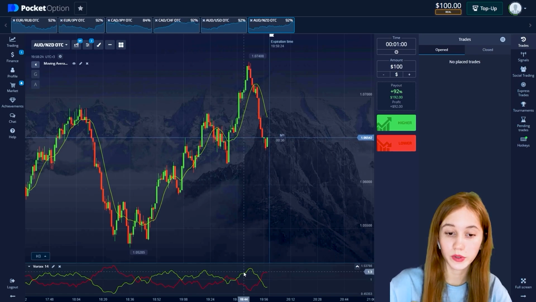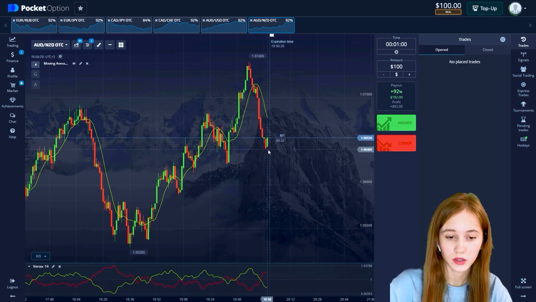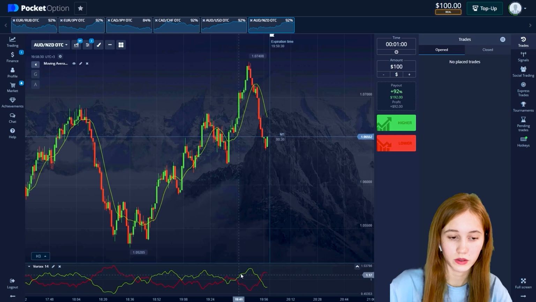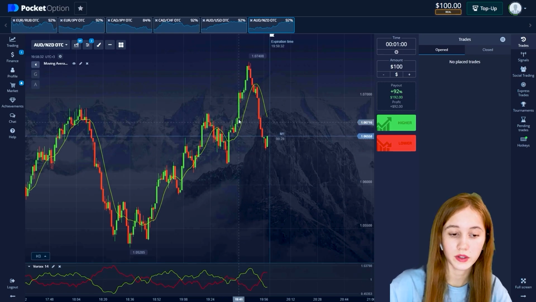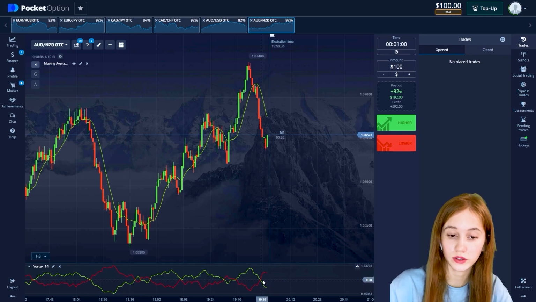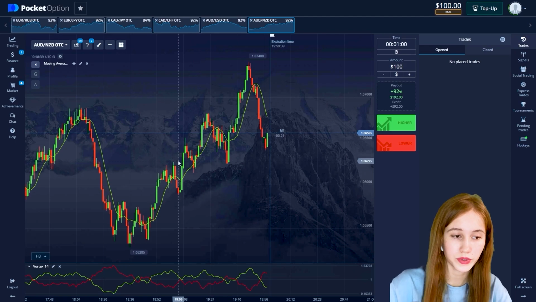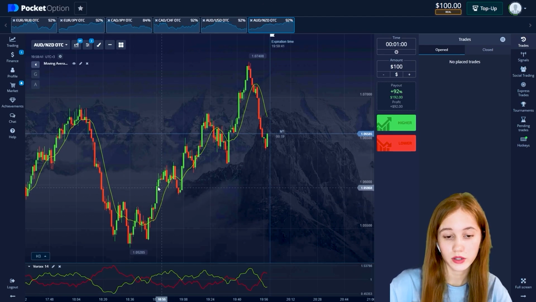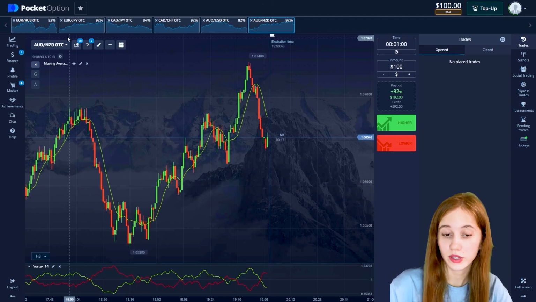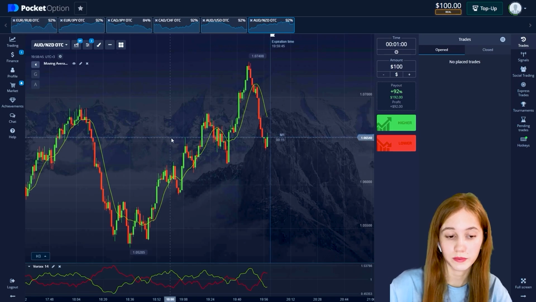It's located at the bottom of the screen. The vortex indicator, our tool for determining the current state of the market, its current trend and direction. The indicator works as simply as possible also. So there are two lines, green and red. If red prevails, then the market is apparently going down, and vice versa.